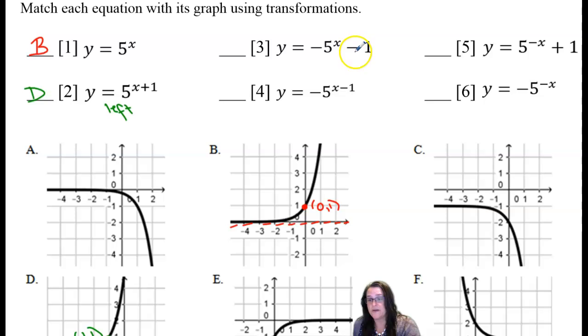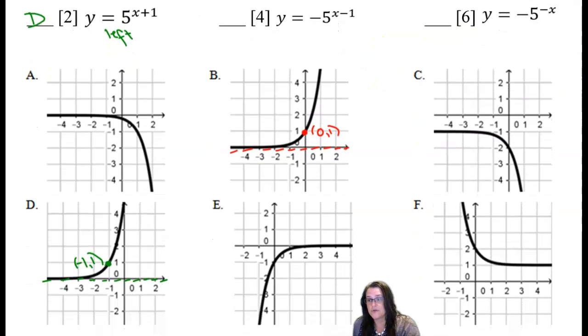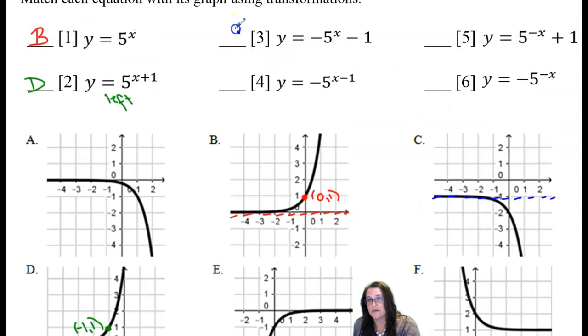So we need the function that has its horizontal asymptote now at negative 1. And when we look at all of those choices, the only one that has its asymptote at negative 1 is C. And so that is going to be graph C for number 3.